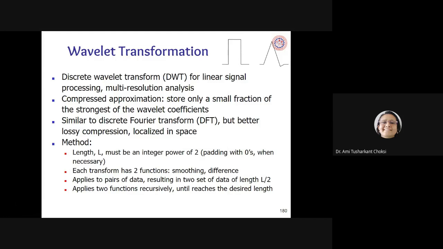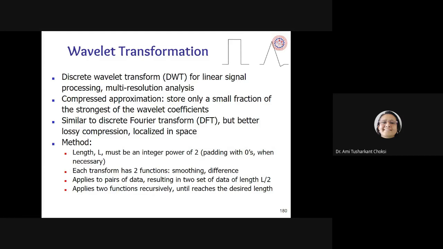Here, for your class, we want to store the strongest wavelet coefficients. Say marks are there for all of you for my subject. To represent the marks in my subject, I'll only represent that using the strongest coefficient.